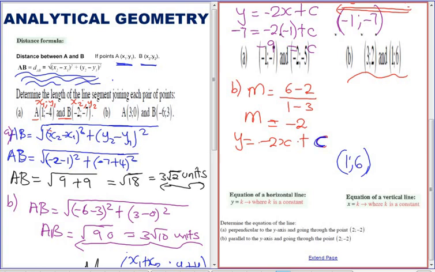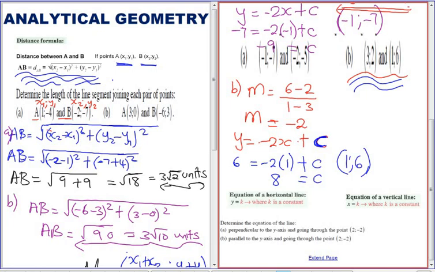The c is the only unknown left. So you take one of the coordinates given, and then you substitute it in there. So in place of y, you put 6, and in place of x, you put 1. And it should be very simple to see why the c value is easy to calculate. It should be +8 in this situation.